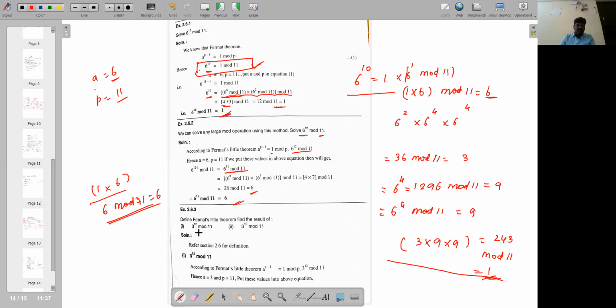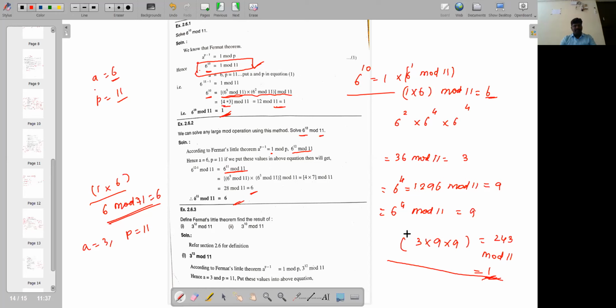Now try to find out the modulus value for the next equation, which is 3 power 12 mod 11. Here they have changed the a value, which is 3. A value is equal to 3 and p value is equal to 11. What is the value you are getting? You should have got the answer by this time. It's very simple.